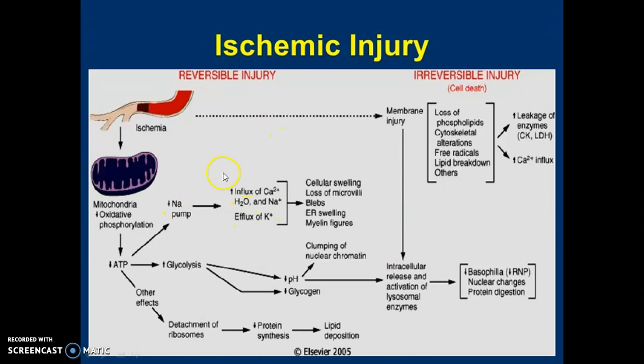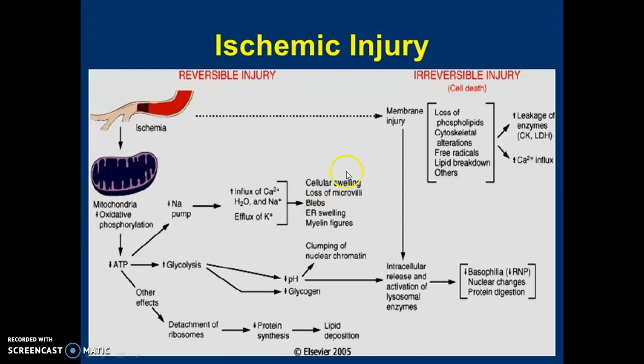All these biochemical changes will cause cellular swelling. There is loss of microvilli, bleb formation, endoplasmic reticular swelling, and myelin figure formation. These are the features which I have told you in the morphology of reversible cell injury in the cell injury portion.